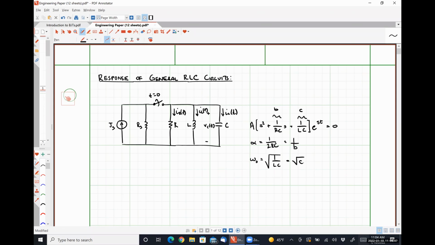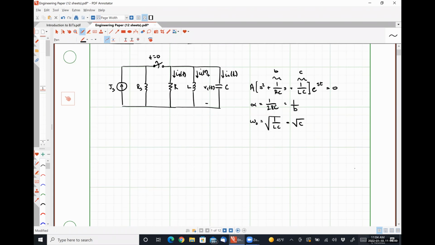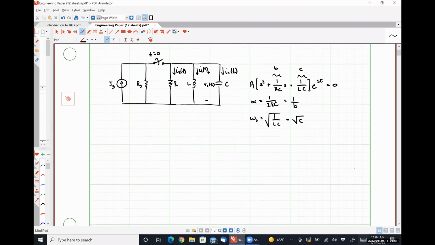So for a series RLC circuit, where we have some voltage source Vs connected to some resistor Rs, and then a switch, again, we'll say opens at t equal to 0.